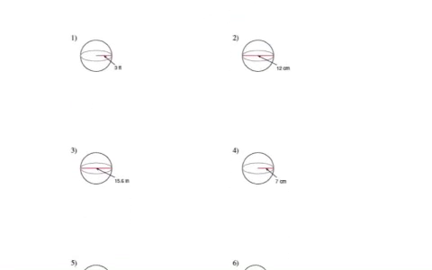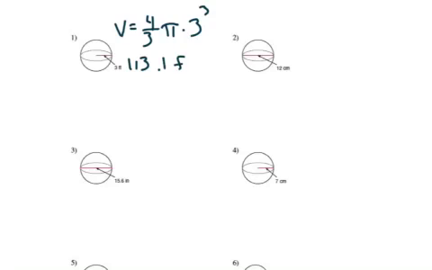So, for number 1, because my radius was given, since it's only half of the length from the center out, I would have V equals 4/3 times pi times my radius to the third power. Multiply that out in your calculator, and you would get roughly 113.1 cubic feet.